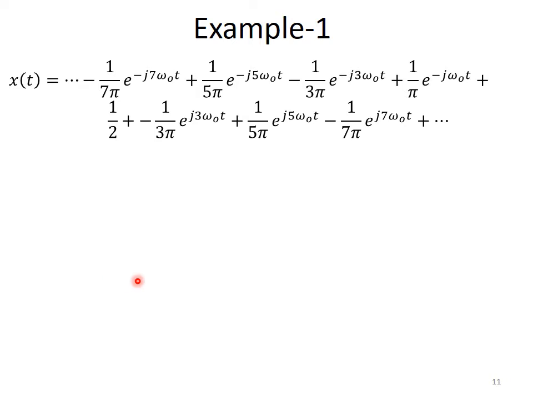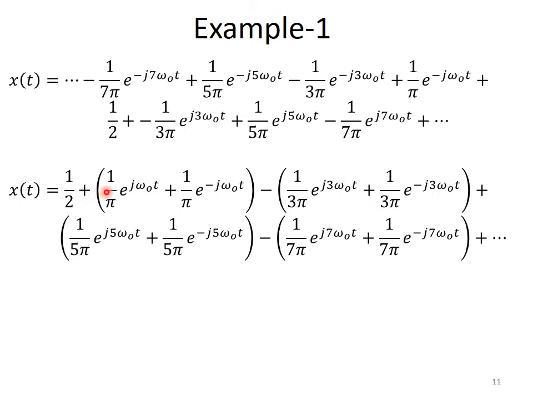Now we can simplify it further by grouping the same harmonic components together. For example, putting the fundamental frequency components together, then the third harmonic components, then the fifth harmonic, and so on.